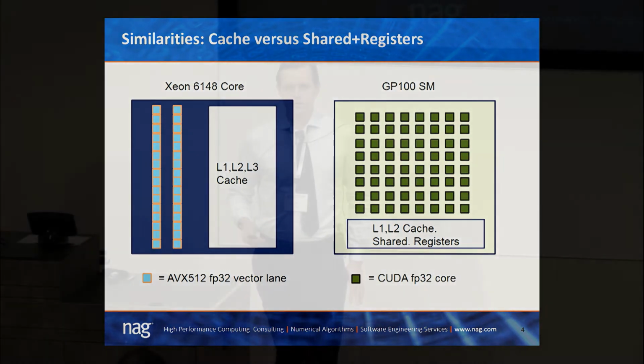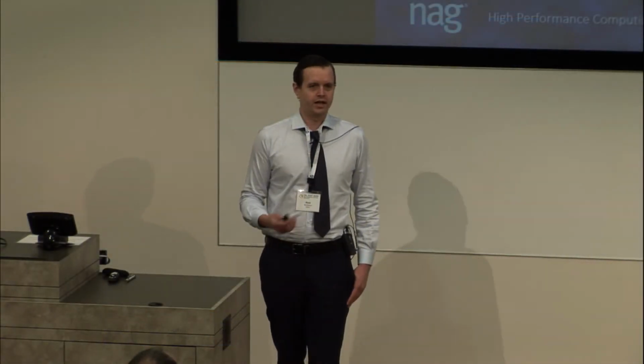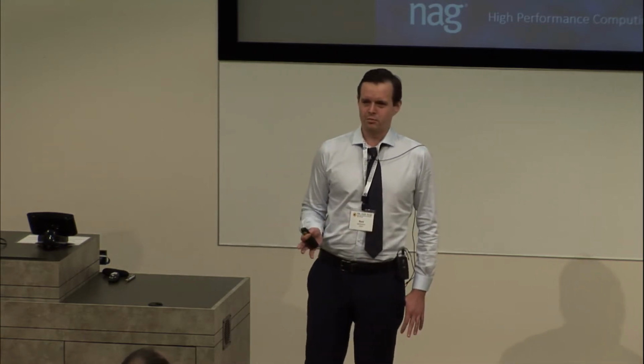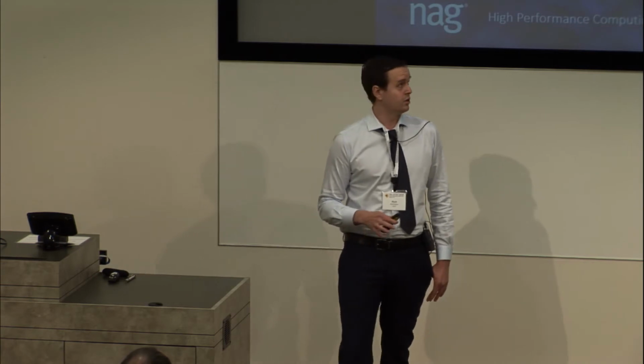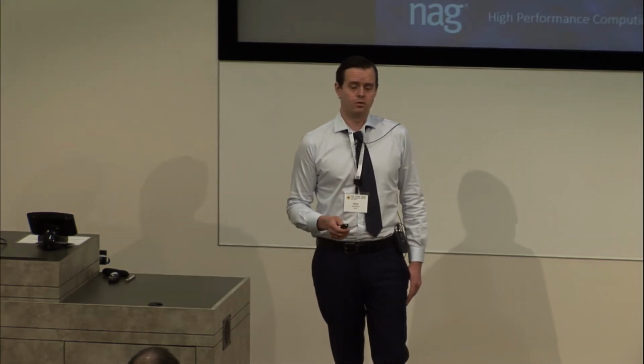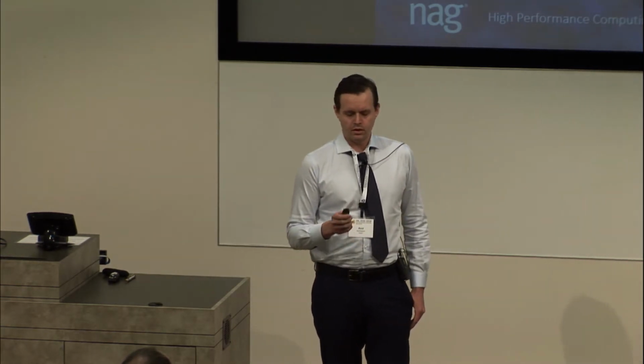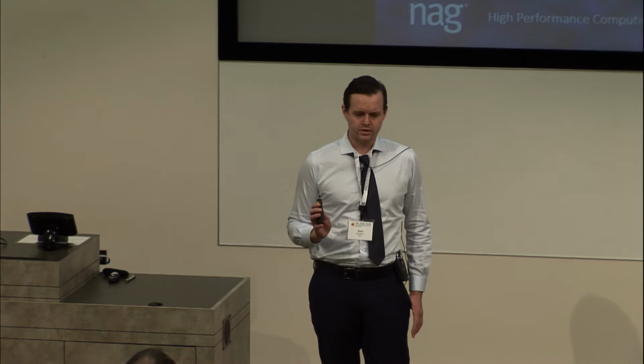On CPUs, we all know it's L1 through L3 cache, and techniques for targeting that are fairly common. On the GPUs, it's a little more difficult because you have a software-managed cache called shared memory in terms of CUDA. But you also have L1 and L2 cache, which is hardware-managed, and you also have registers. So a lot of the techniques that you use on CPU to target cache can target those 3 things on GPU.